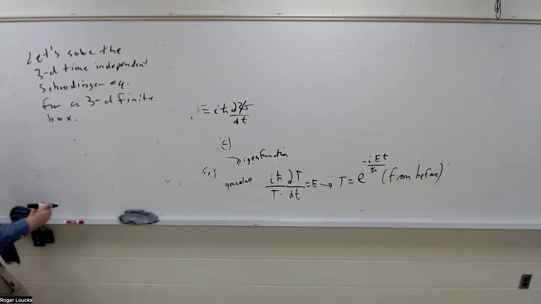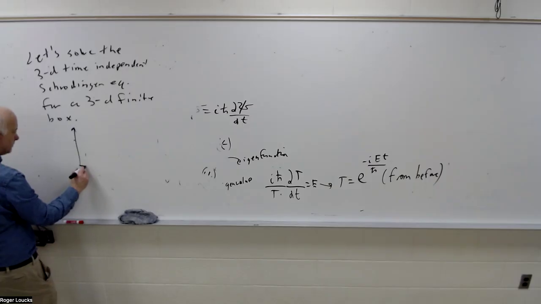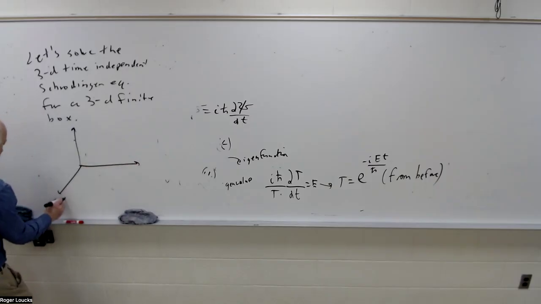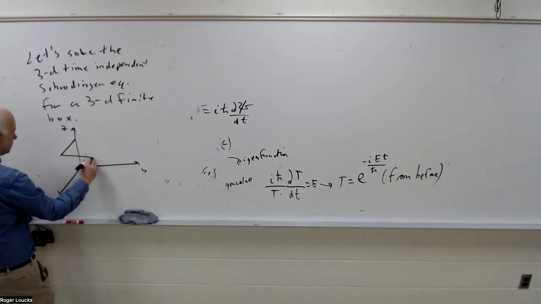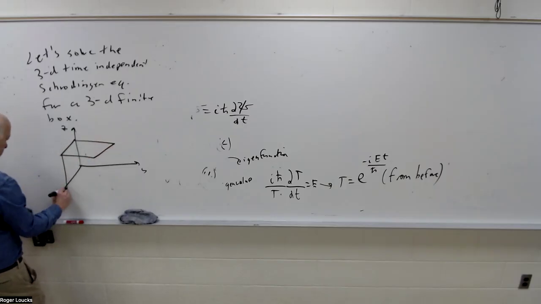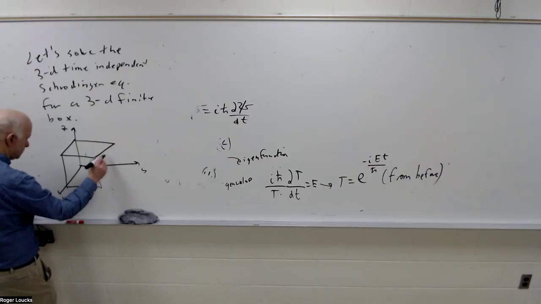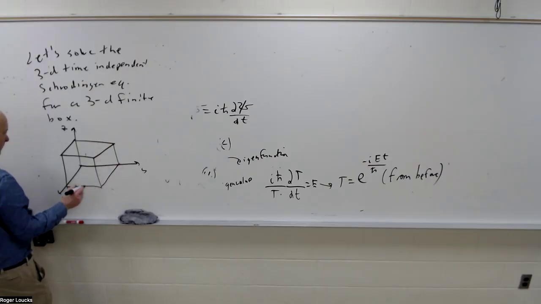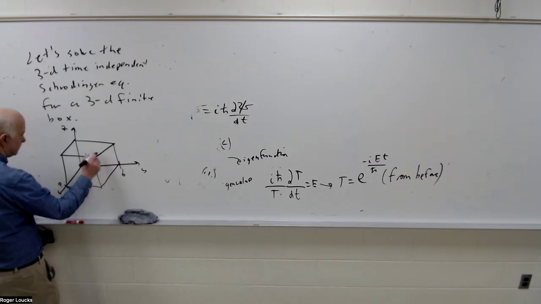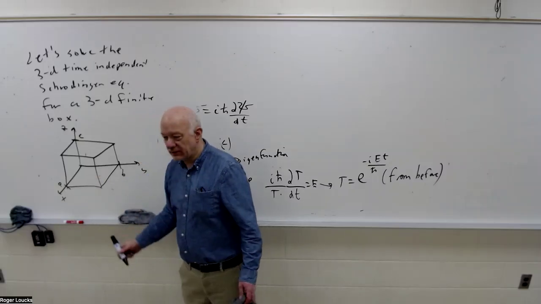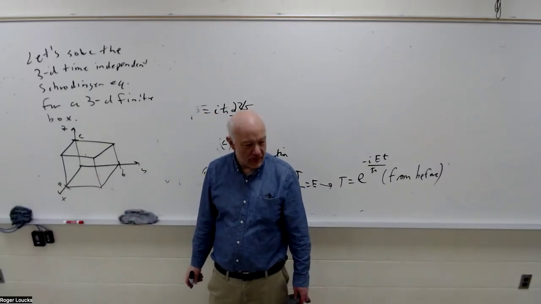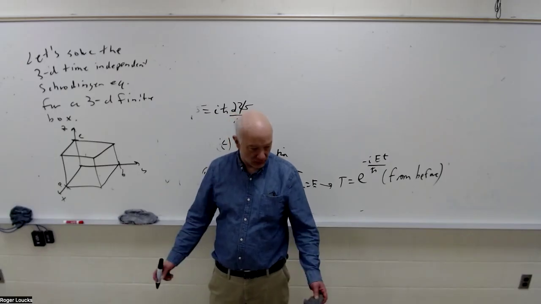So let's see what this is going to be here. So here's my x, y, z. And draw a box like this. And I'll call this A, call this B, call that C. And hey, what do you think I can take the potential inside the box to be? 0.